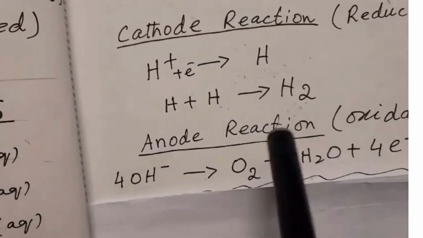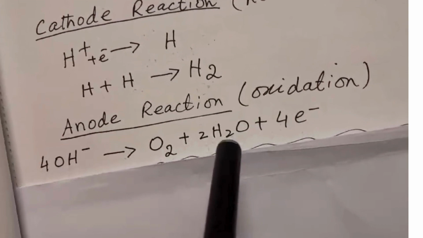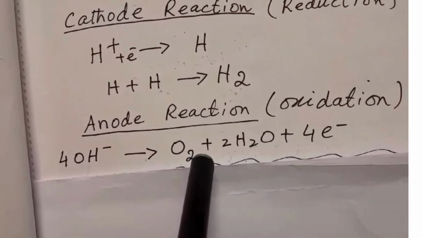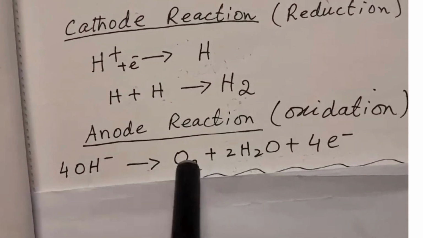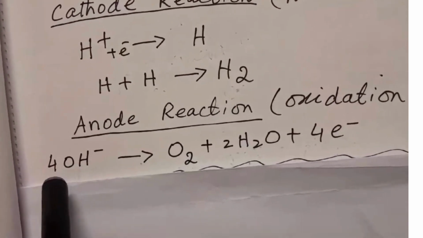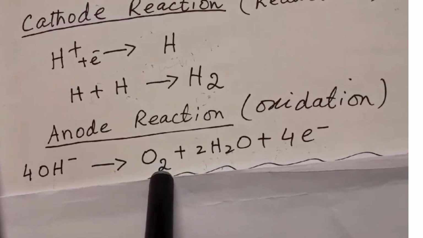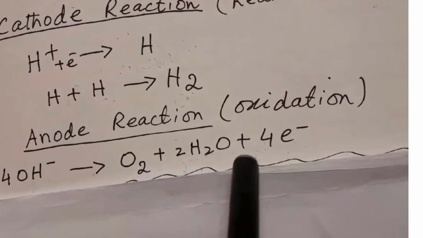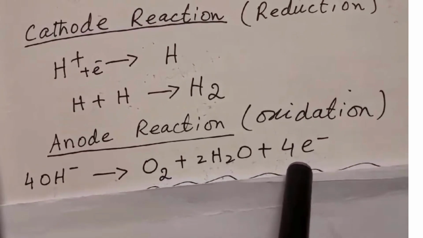So the hydroxide ion at the anode is going to get oxidized and make oxygen gas at the anode in case of electrolysis of dilute solution of sodium chloride. This is the equation for the oxidation of hydroxide ion: 4OH- make oxygen gas molecule plus 2 water molecules, and 4 electrons are released in this process.